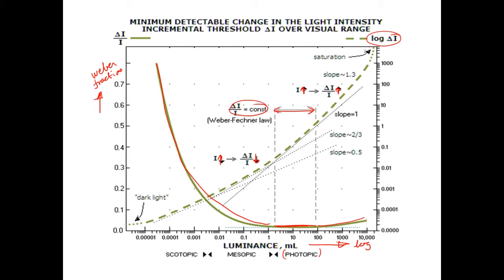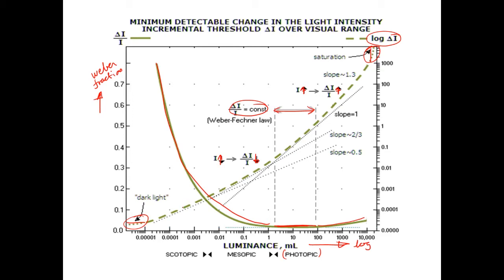At both extremes, there is a saturation, and in the dark light, del I is almost constant, so the curve is almost vertical over here.